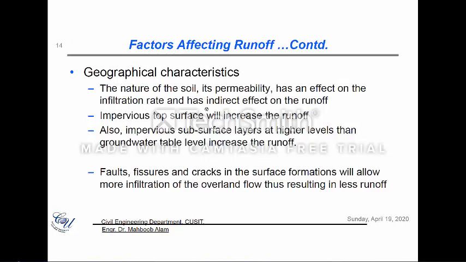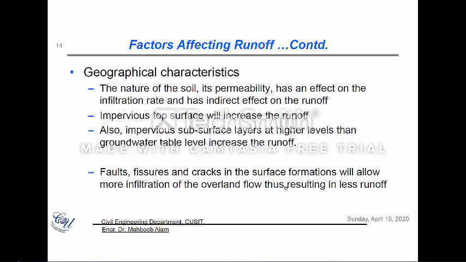So an impervious top surface will increase the runoff. Sometimes we have the normal surface on top, but just below the surface there is an impervious layer. In those kinds of situations also we would be having an increase in the runoff.